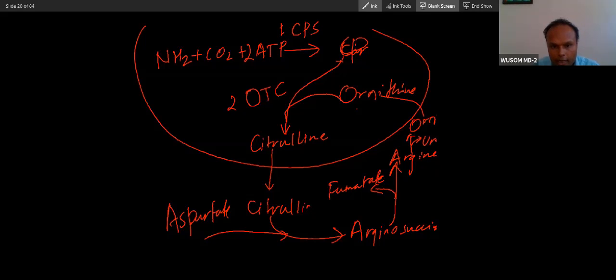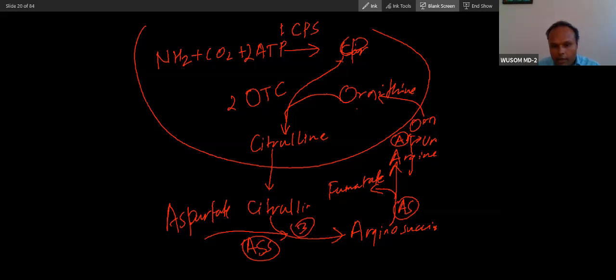Okay, this ornithine goes back, so this makes a cycle. The first step is an anabolic type of reaction. The second step is also fusion type, the third step is also a fusion type of reaction. This is done by ASS, arginosuccinate synthetase, then AS, arginosuccinate lyase, and the last reaction is done by A, arginase.